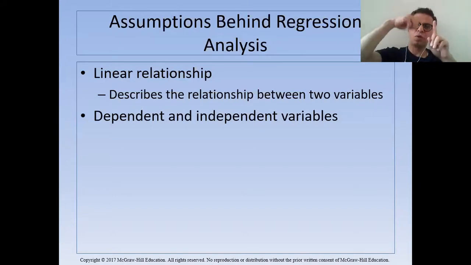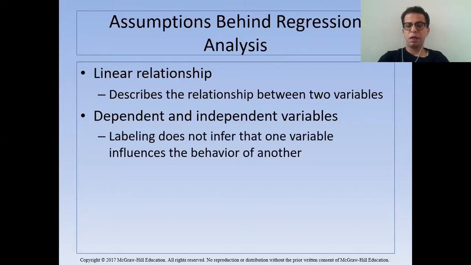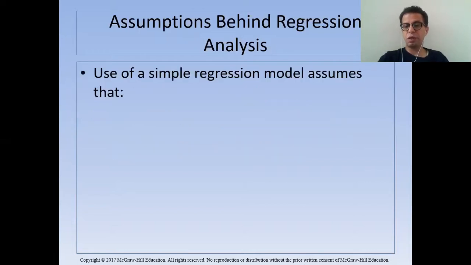So your X, which is your income, is the independent variable, and the number of coffees bought is the dependent variable. One variable should not interfere with the other, so we want to make sure that they are really dependent and independent from each other.